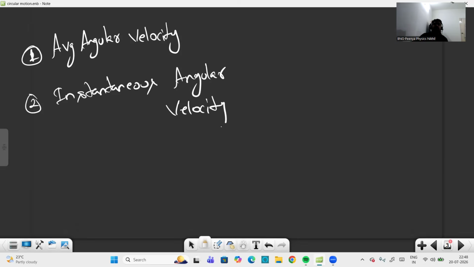Now the question arises, what is the average angular velocity? The basic meaning of average is final minus initial divided by total time. So in the same way, the average angular velocity is delta theta divided by delta t.